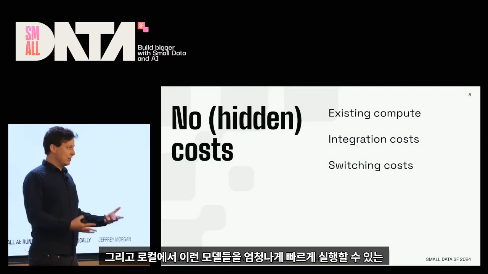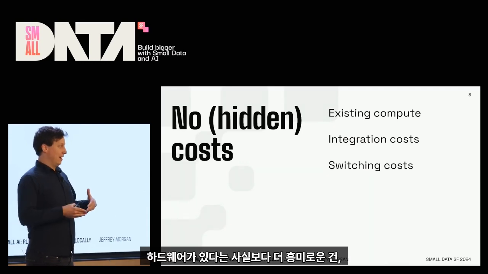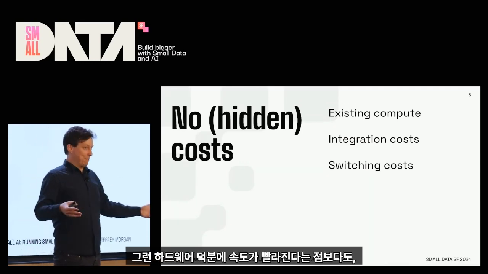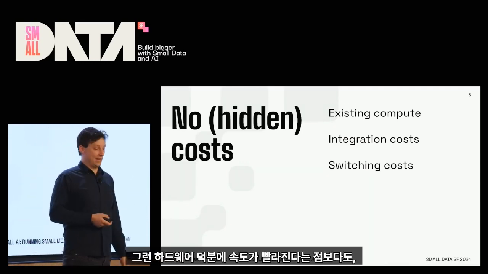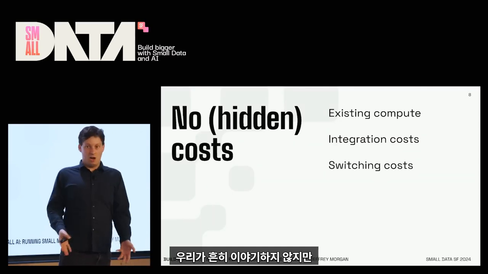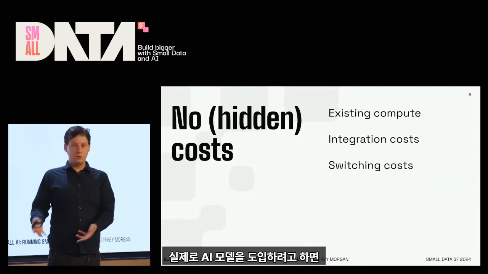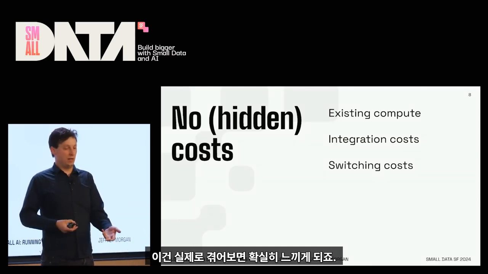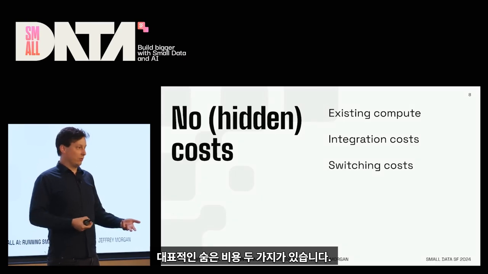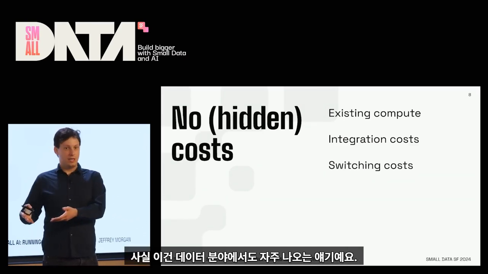And what's more interesting than the fact that we have all this hardware that makes these models incredibly fast locally are the hidden costs that we don't really talk that much about, but you really face when you're trying to adopt AI models. There are two that are really common, and they were honestly shared in the data world too.